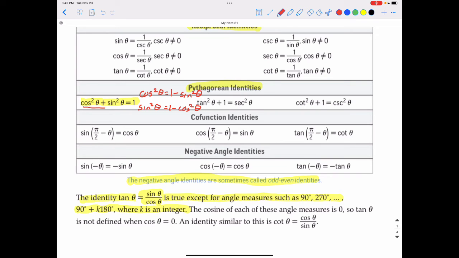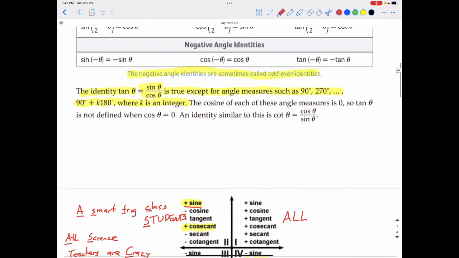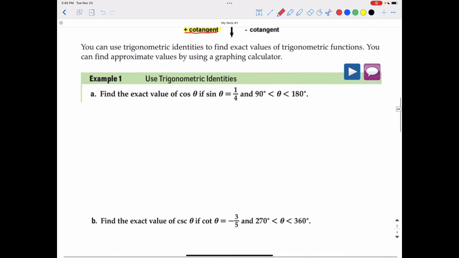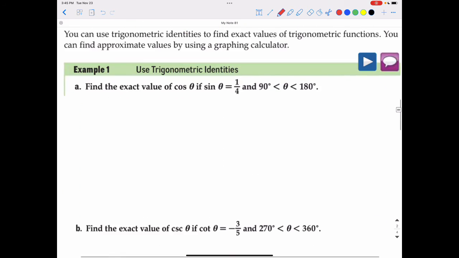Cosine squared plus sine squared equals 1. So I'm going to use cosine squared of theta plus sine squared of theta equals 1. I know that the sine of theta equals 1/4, so I'm solving for cosine of theta.